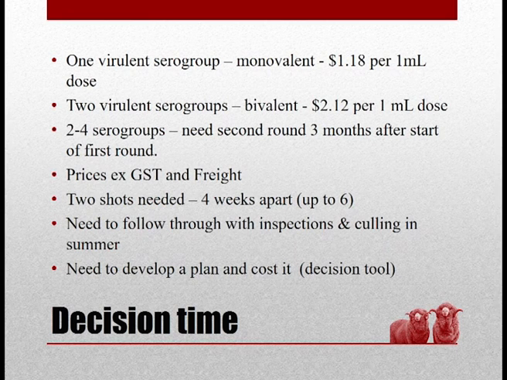So with the vaccine, now you're deciding whether to go or not, you've got to think about the costs. If you've got 1 virulent serogroup, the vaccine's $1.18. 2 virulent serogroups, $2.12 per dose. And of course you've got to do 2 shots 4 to 6 weeks apart, so that's going to double that, plus of course your labour, all those sorts of things.